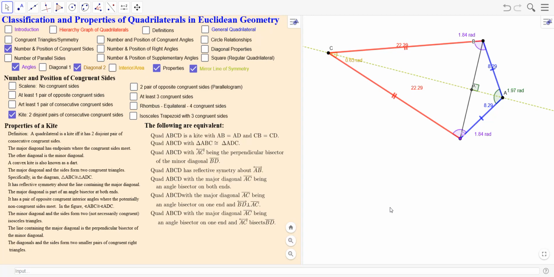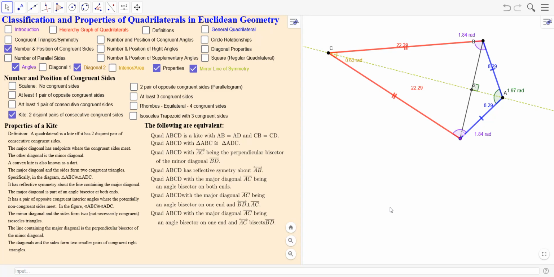That's true if and only if it has reflective symmetry about line AC. That's if and only if quadrilateral ABCD has a major diagonal AC being an angle bisector on both ends. That's if and only if quadrilateral ABCD has a major diagonal AC being an angle bisector on one end and perpendicular to the other diagonal.